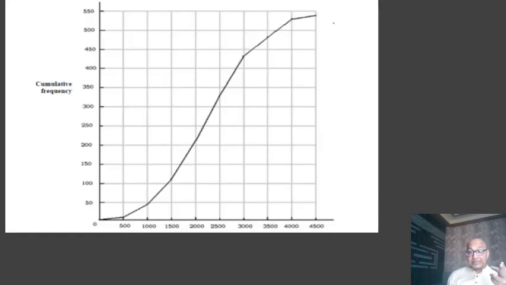So this shape will be the inclusive ogive. On the y-axis, cumulative frequency is given, and on the x-axis, the values.